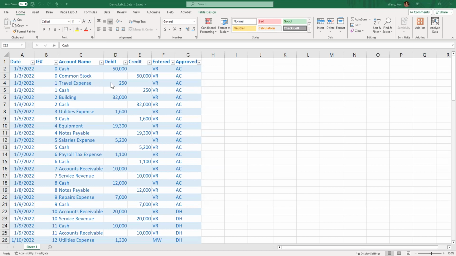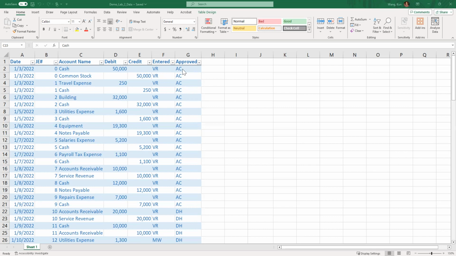The focus here is to analyze and evaluate the segregation of duties, because the system requires that the person who entered the journal entry cannot be the same person who approves it. So we majorly focus on column F and column G.